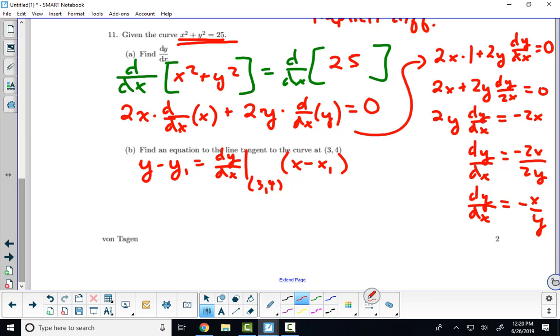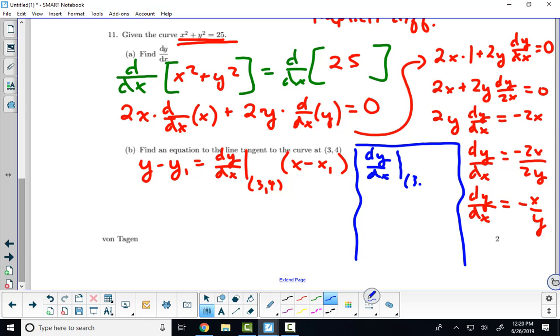So, off to the side, what is dy dx evaluated at 3, 4? That should be a straight line. Evaluated at 3, 4. What is it? It would be negative 3/4. Why did I write it like that? Because the derivative is negative x over y.